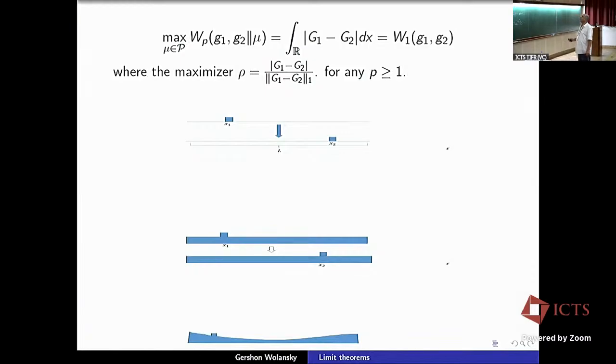The minimum of the cost of transporting G1 to G2, over the mu which minimizes the cost, it turns out to be just this integral, which is the L1 cost of transporting G1 to G2. By the way, if p equals 1, then this mu doesn't change anything. Why?